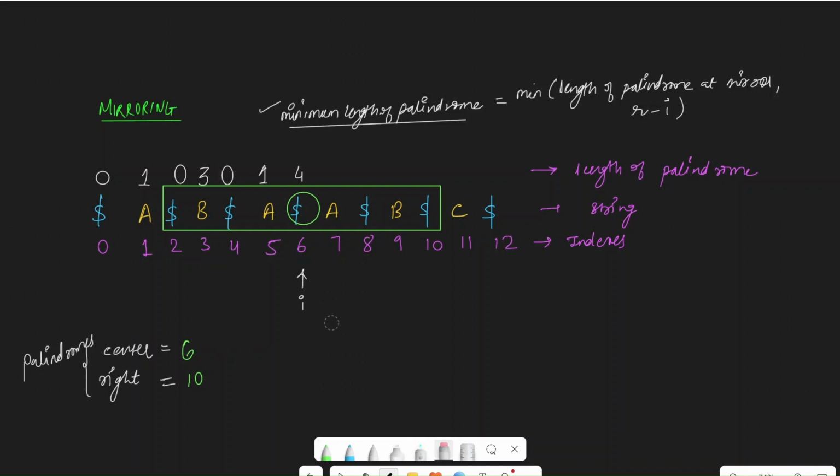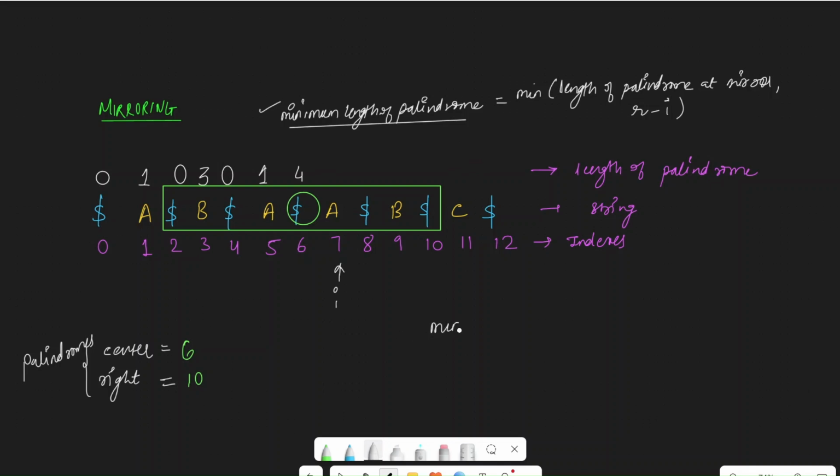Now again we will move our I. So our I is now standing here. Now again here we are going to check. We have a palindrome, and we are within the palindrome because our I is less than the right boundary of the palindrome. When this happens, we can apply mirroring. With mirroring, we first find out the minimum length of the palindrome.